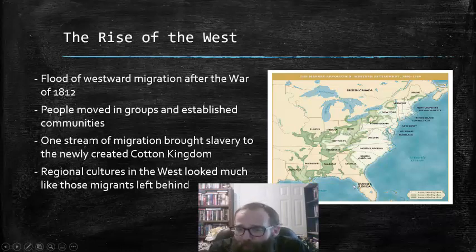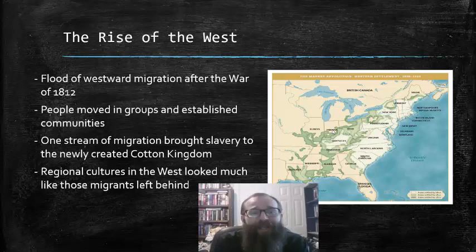There was very little north-south migration or anything like that. So, therefore, the cultures and the mindsets of the particular eastern regions were reflected directly westward in those migrants that expanded into those regions. And regional cultures in the West looked very much like the cultures those migrants left behind in the East.